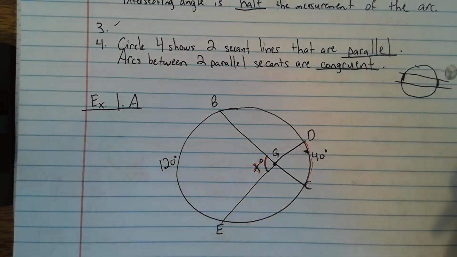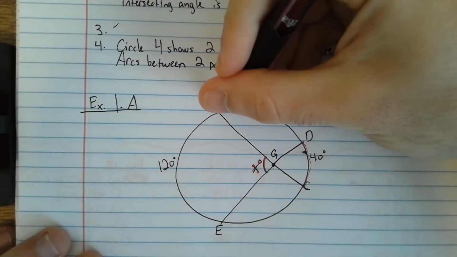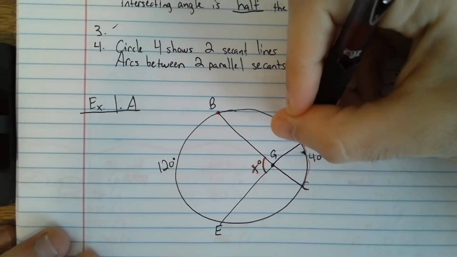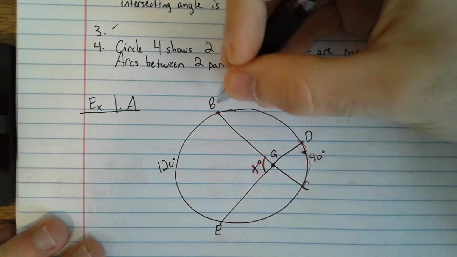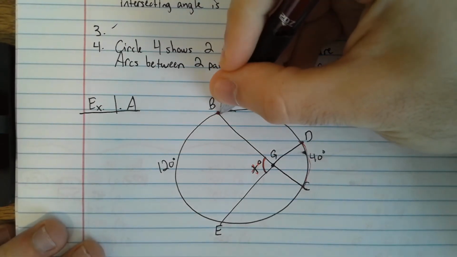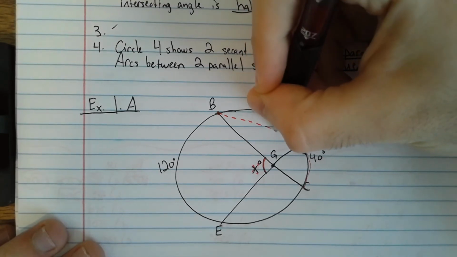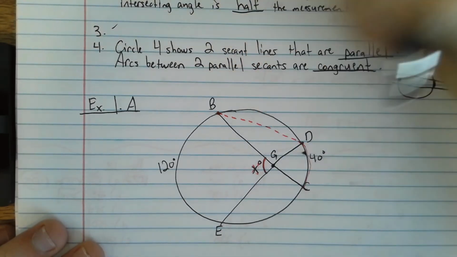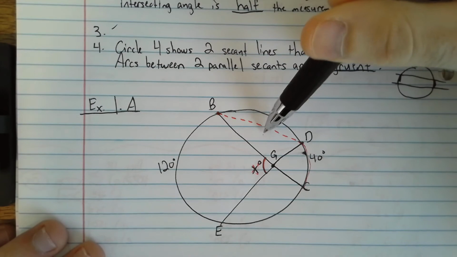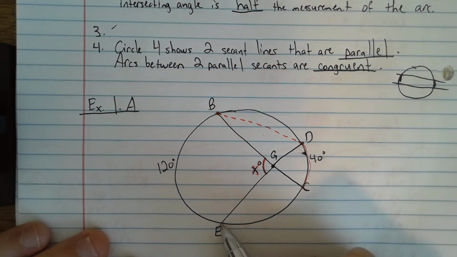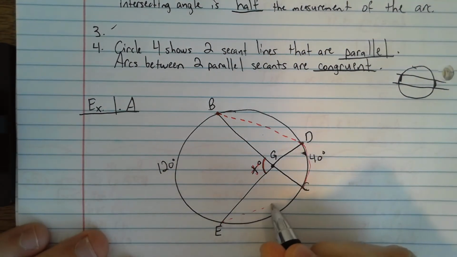So let's draw an imaginary line. Here's point B and here's point D. We can draw an imaginary line connecting B and D. It wasn't part of the problem, but we're going to sketch it. You could also do the same thing for E to C, but you only really need to do it for one of them.